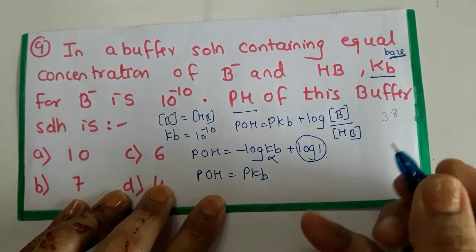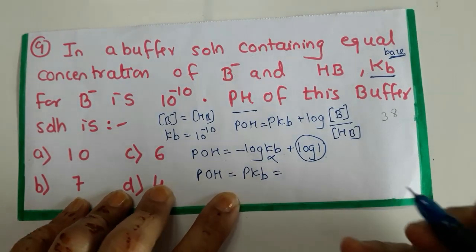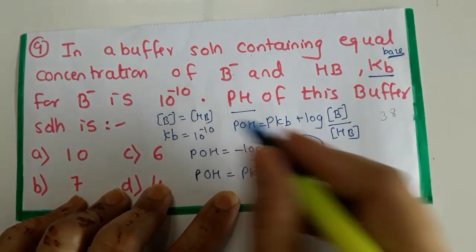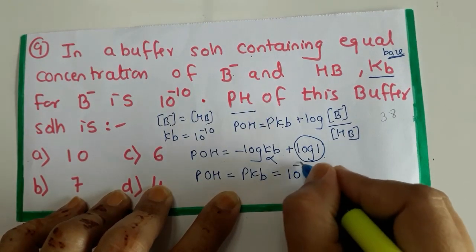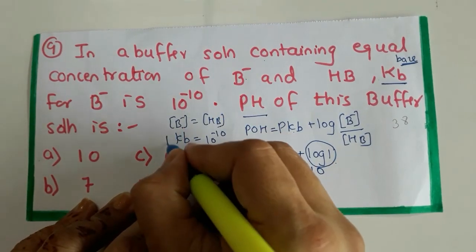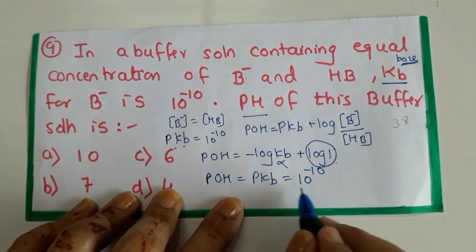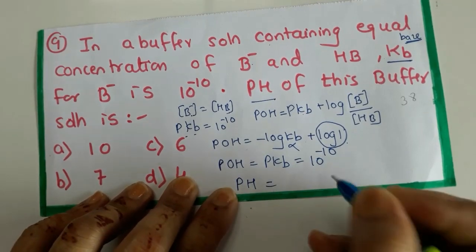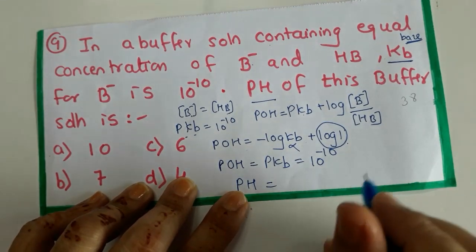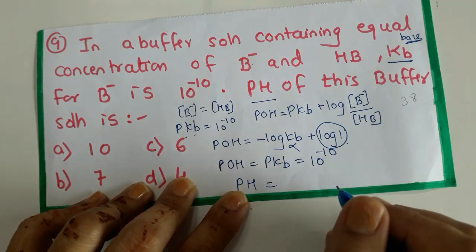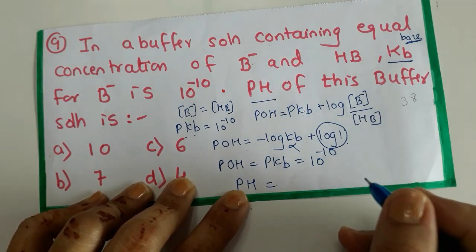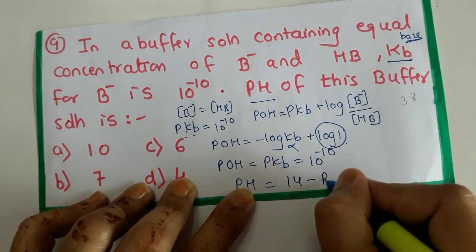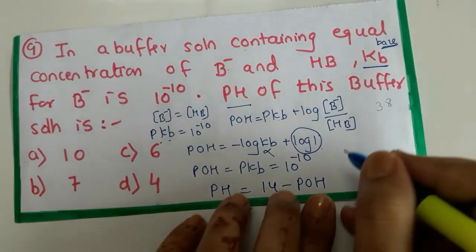So there was no need to write this, isn't it? And what is the value of pKb? The Kb value is 10 raised to minus 10, it is given here. So pH would be equal to what? pH would be equal to 14 minus pOH.